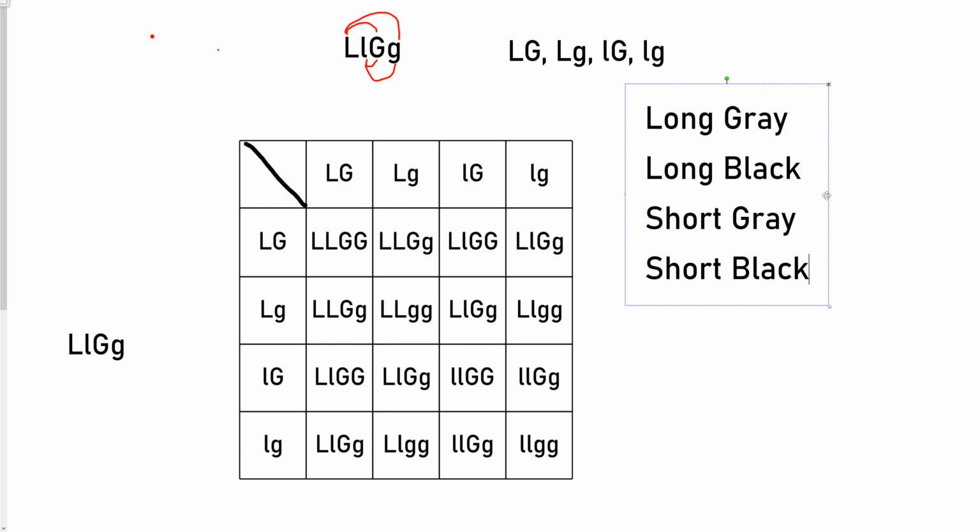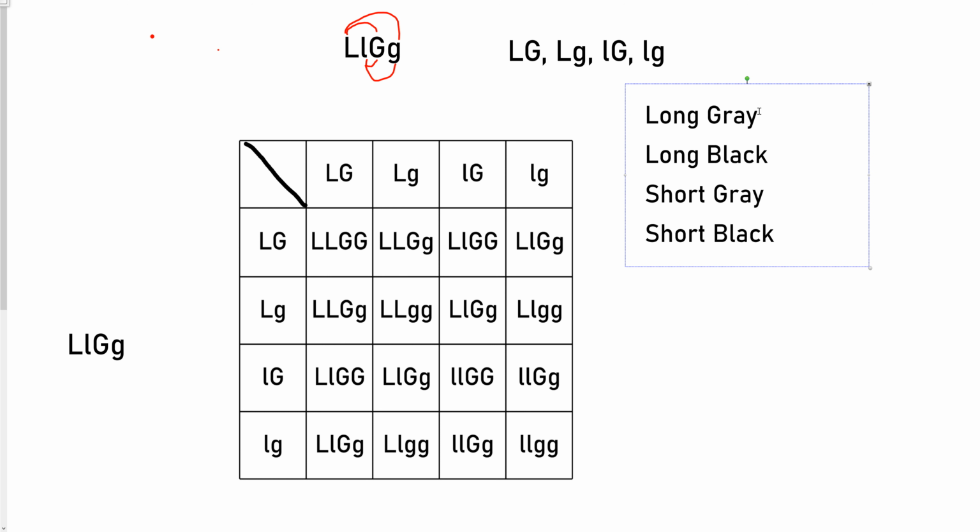The genotypes of these: for an individual to be long, it has to have a big L. For an individual to be gray, it has to have a big G. So as long as there is one big L and one big G, the phenotype of the fly is going to be long-winged and gray-bodied.